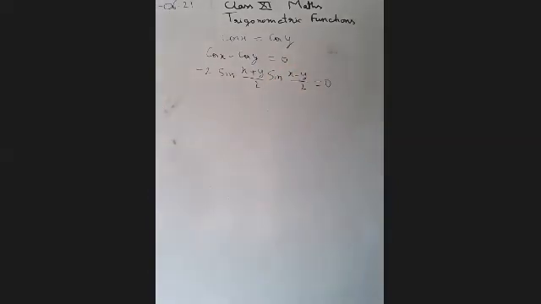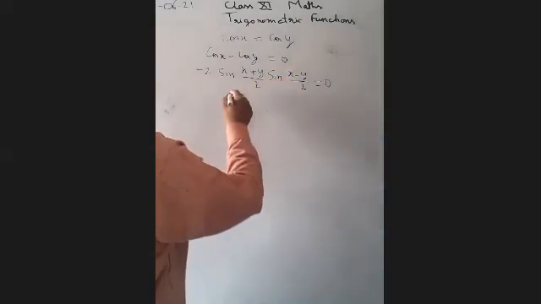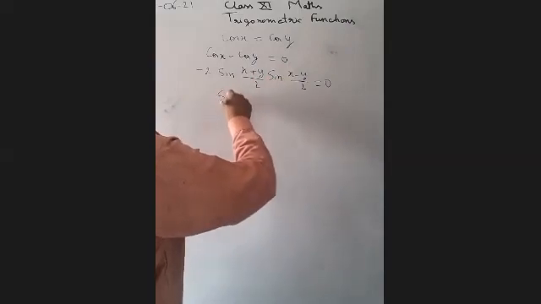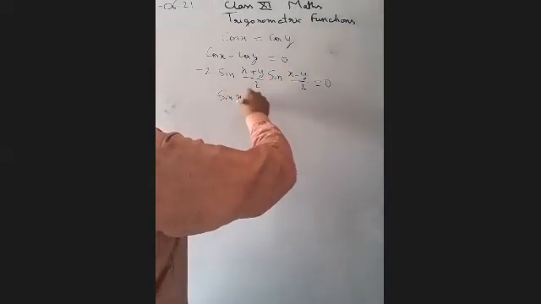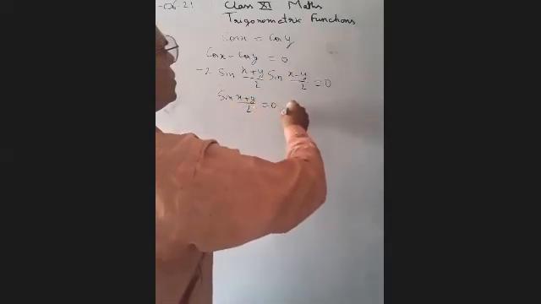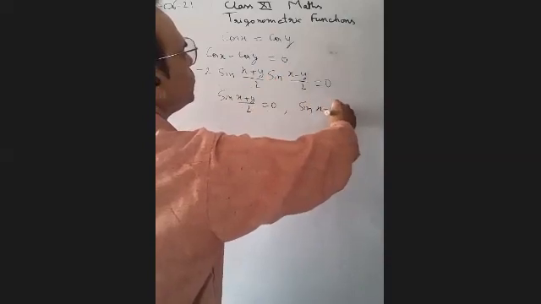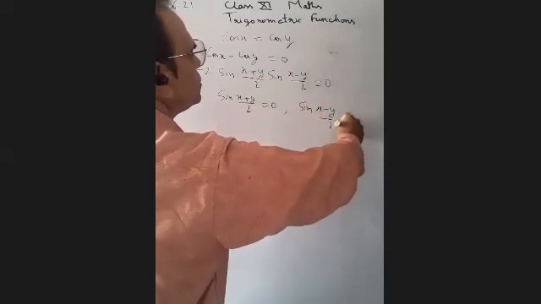Now we have both terms in product, so they will be separately 0. Sin (x plus y) upon 2 equal to 0, or sin (x minus y) upon 2 equal to 0.